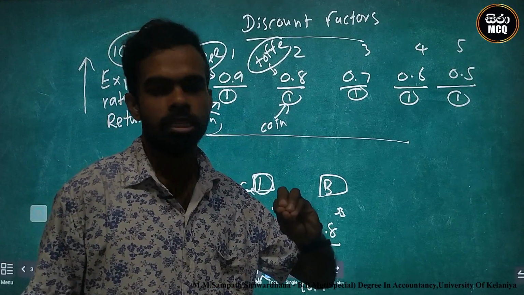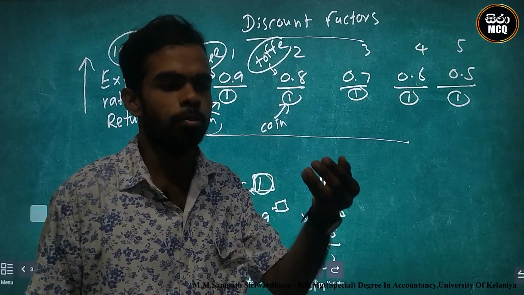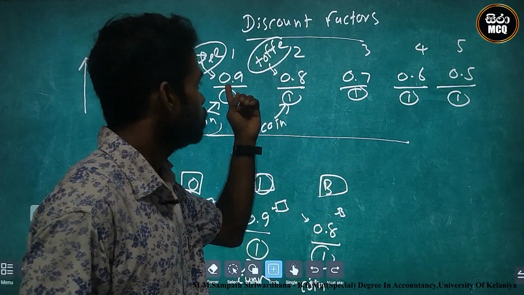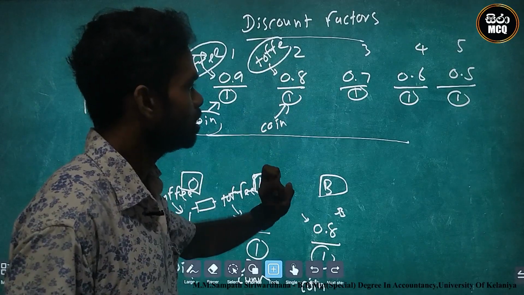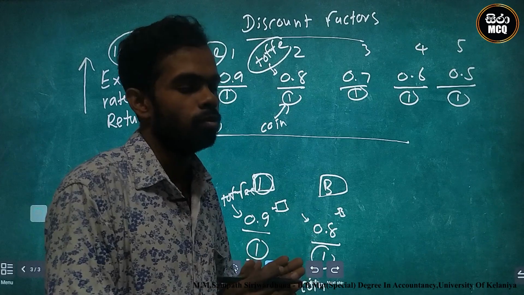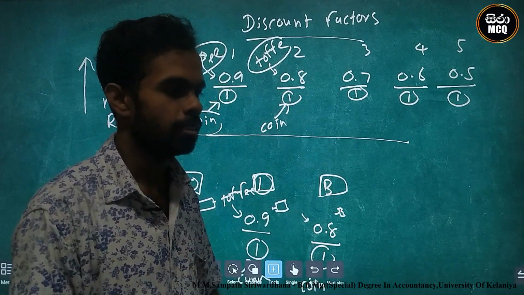Expected rate of return means interest rate. Interest rate is increasing. We cannot purchase the number of toffees using these discount factors. Discount factors are decreasing, so the number of toffees is decreasing. Number of toffees means net present value. Net present value is decreasing.